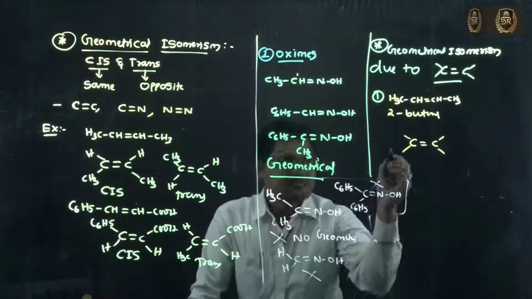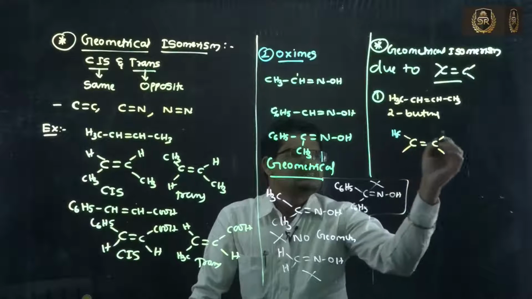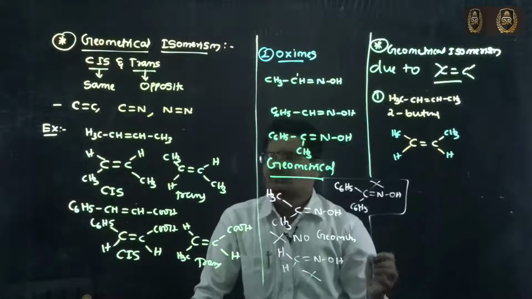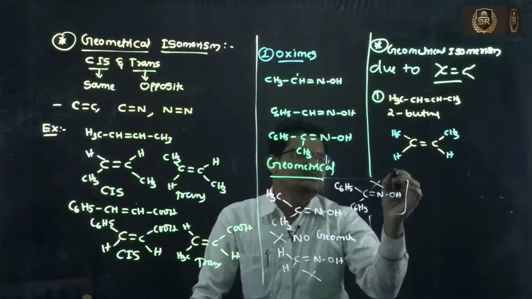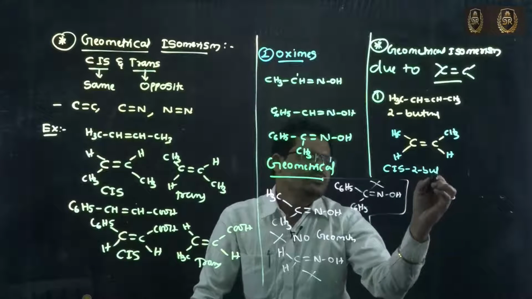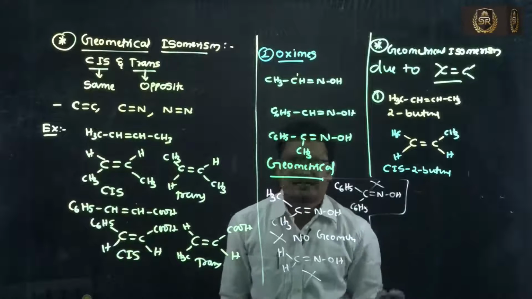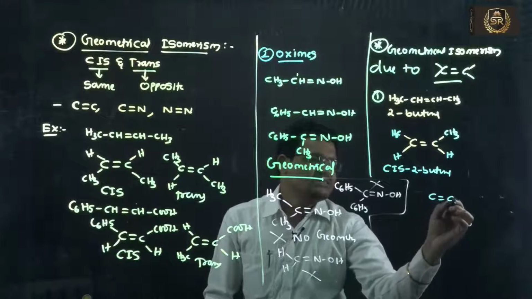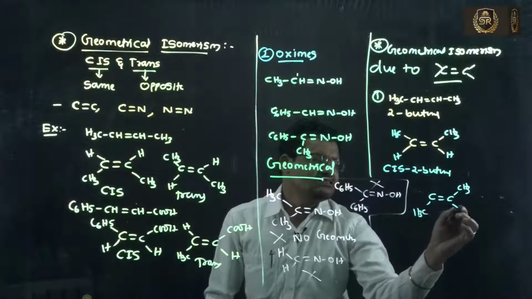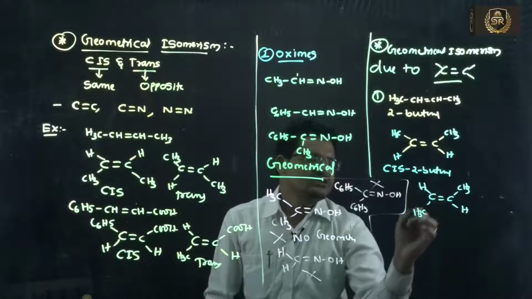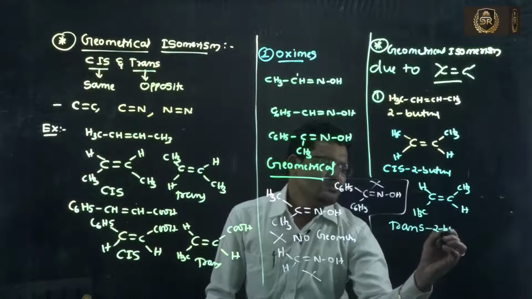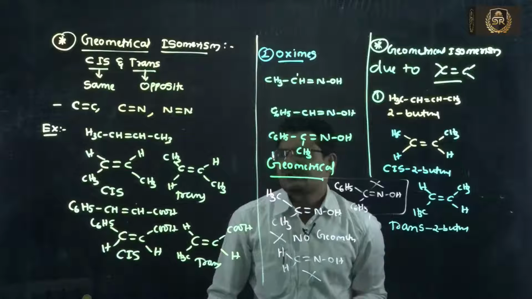One side has CH3, the other CH3, and the other two are hydrogen. The two identical groups are on the same side, that is why this is cis-2-butene. In trans, C double bond C, CH3 on one side, CH3 on the opposite side, hydrogen and hydrogen. This is trans-2-butene.